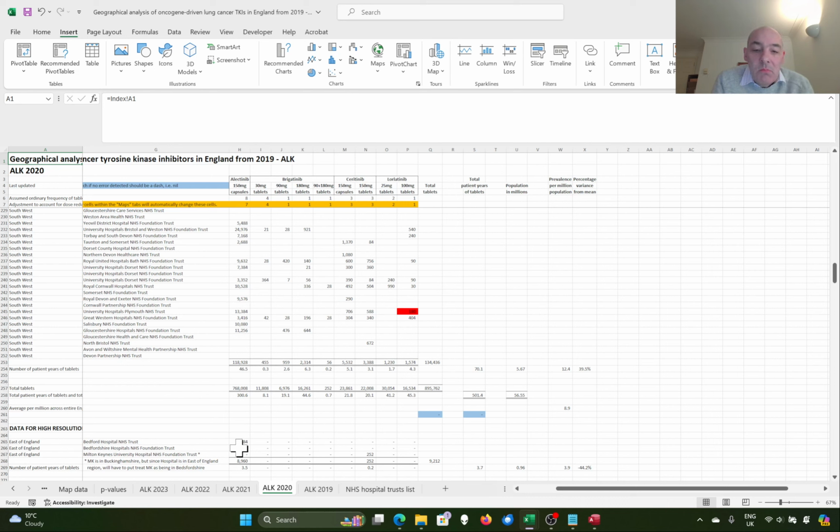Initially it was like one patient per month, so 30 100 milligram tablets per month, and then it went up to I think it was 900 in a month or something like that, so it just went through the roof for a number of months, and then it went back down to where it was before.